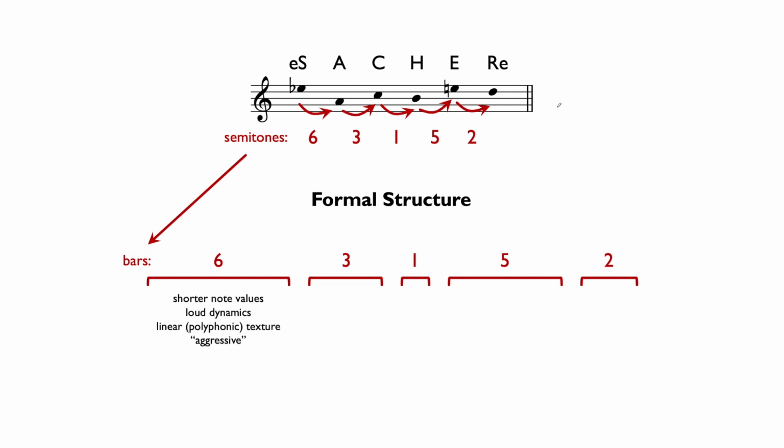We can start, for example, with a section which contains shorter note values, in loud dynamics and linear, aka polyphonic texture, and with an aggressive character. And the second section, which lasts three measures, in contrast, could contain longer note values, softer dynamics, sustained chords, and could be in a peaceful atmosphere.